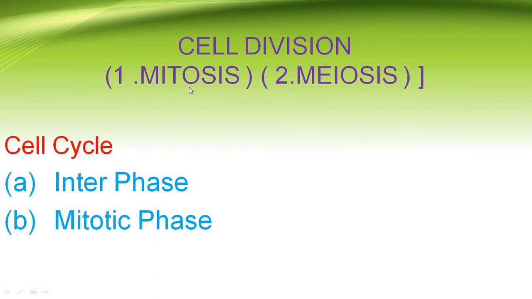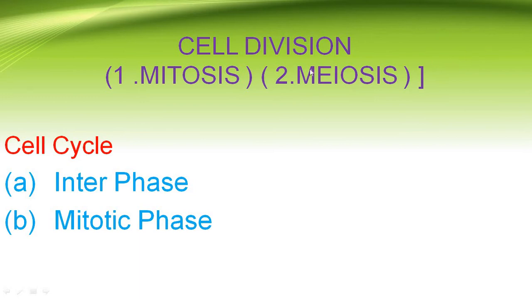So mitosis will produce the daughter cells. Cells will divide by this mitosis process, and it will produce two daughter cells, which will be identical to the parent cells. And meiosis will produce not two daughter cells; in the meiosis process, it will produce four daughter cells, and the daughter cells will not be identical to the parent cells.